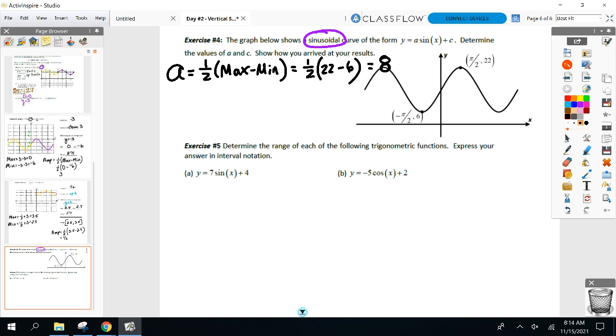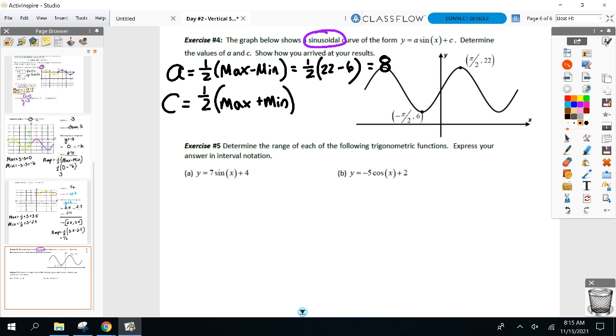C value, that's my shift, right? That's how much I shifted. I got a formula for that too. It's going to look pretty familiar. 1/2, the max and the min, but now I'm going to add them. Okay, that's how I find how far I shifted.